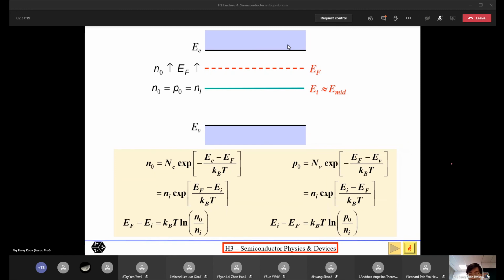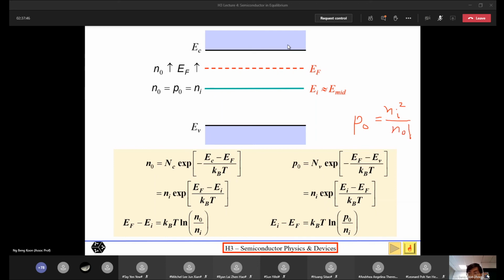Does anybody not quite catch what I was saying in the last part? Okay, so I'll repeat again. We are looking at a case where N0 is large. From the mass action law, P0 equals Ni squared over N0.